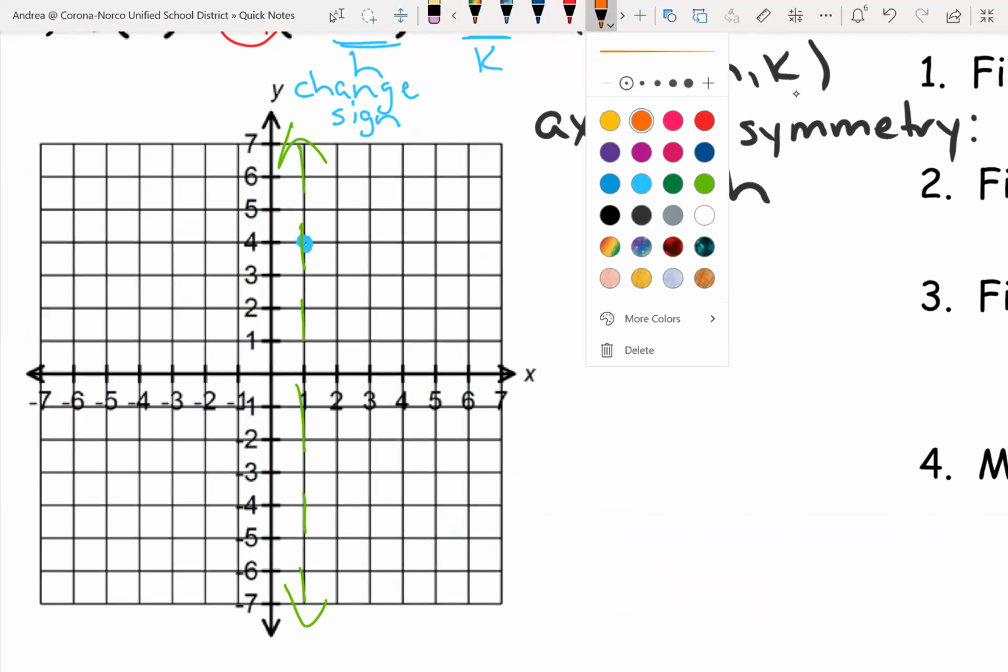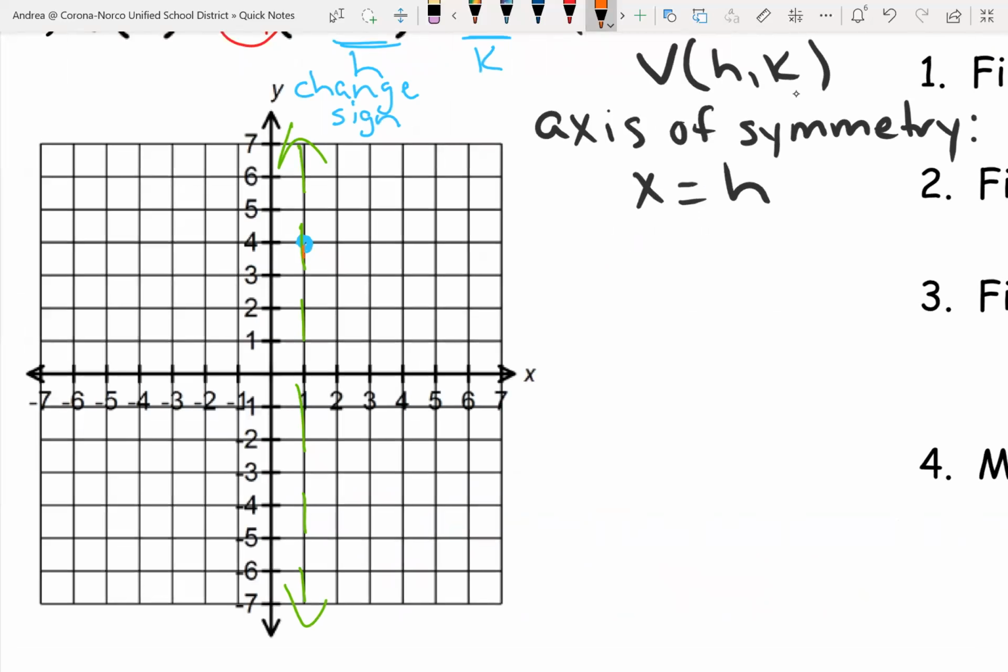From my vertex, I'm going to go down 1 to the right 1. Down 1 to the left 1. My next points are going to be down 1, 2, 3, and then to the right 1. Down 1, 2, 3, and to the left 1.